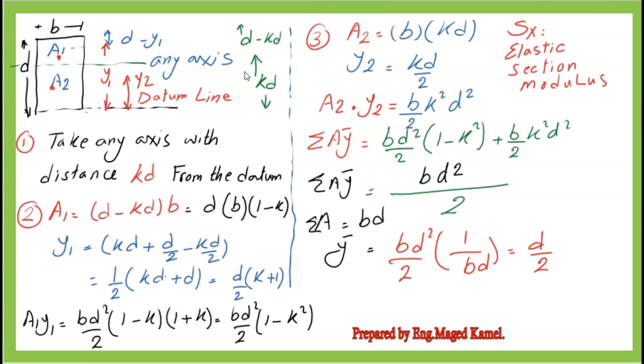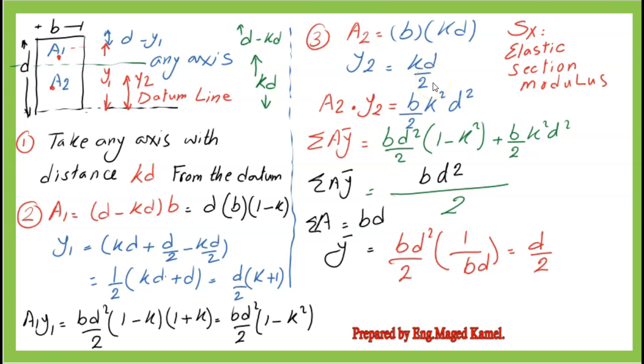It will be equal to B times KD. If we let Y sub 2 be the distance from the CG of the lower area A sub 2 to the lower datum, we can estimate the Y sub 2 value as equal to KD divided by 2.